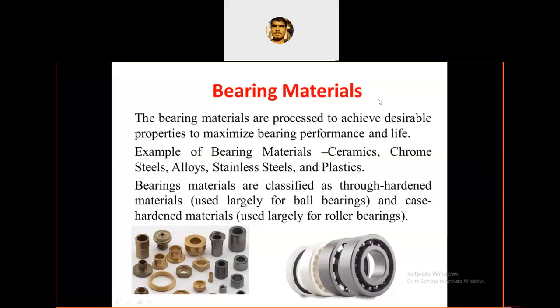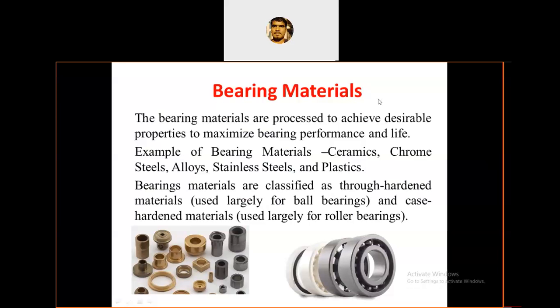By using the proper bearing material, it will increase the performance as well as the life of the component. These two are the important parameters. That's why we have to study bearing materials.